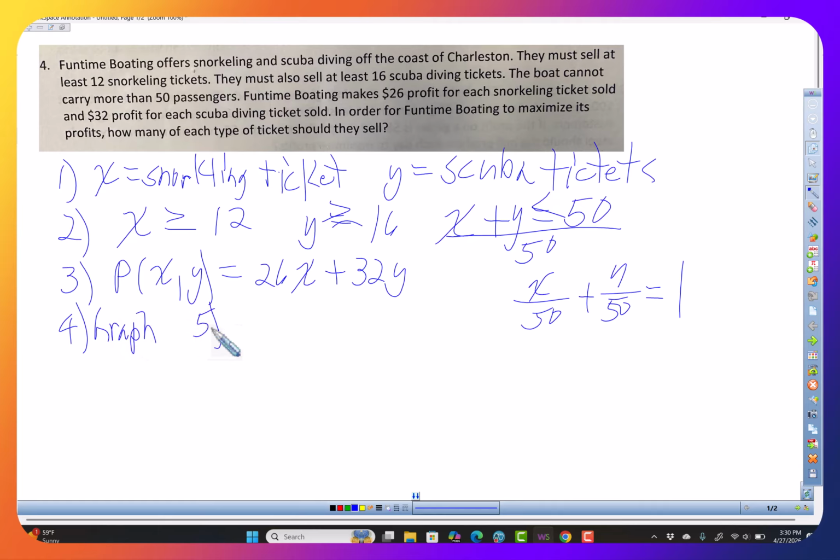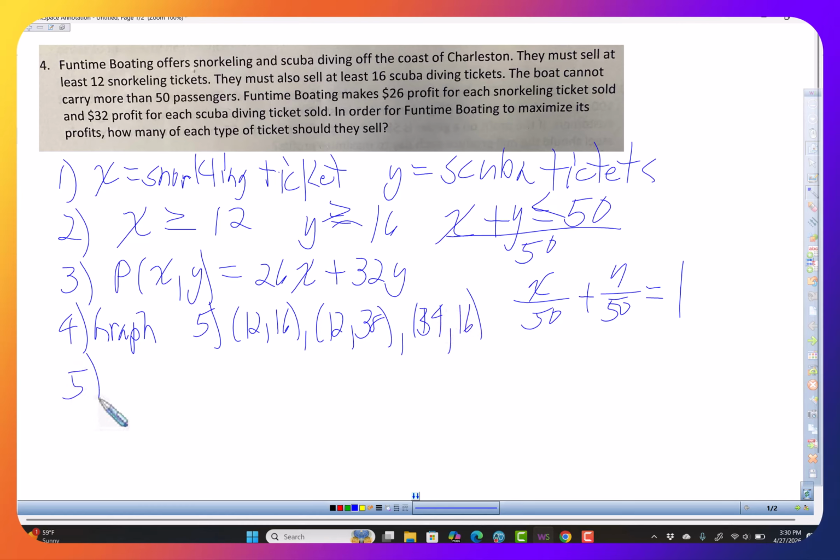Then our intersection points are going to be (12, 16), (12, 38), and (34, 16). And then our objective function, so P at (12, 16) is going to be 26 times 12 plus 32 times 16.